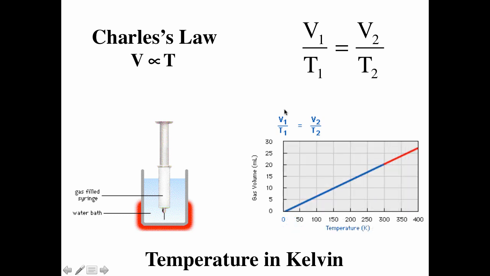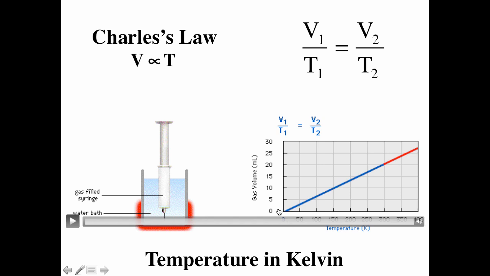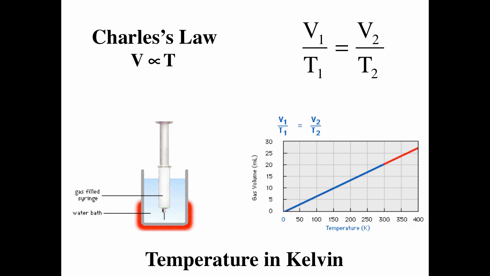And so for an ideal gas, the volume at 0 Kelvin is 0. But we know that as we cool down a gas, eventually it's going to start to condense, and so it will stop behaving ideally. No gas will be ideal at that low of a temperature. As you lower the temperature, gases become less ideal.